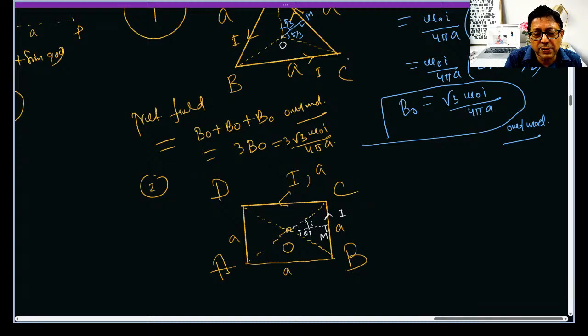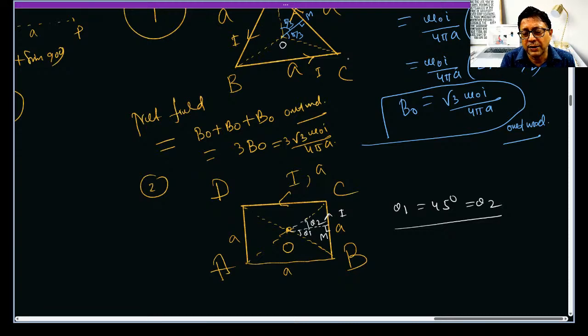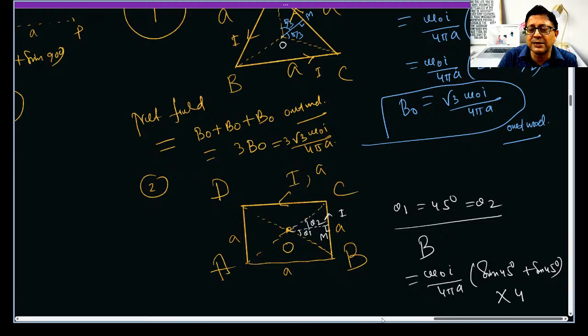This is theta 1, theta 2: theta 1 is 45 degrees, theta 2 also 45 degrees. So B is going to be what? Mu 0 I by 4 pi A, sin 45 plus sin 45, multiplied by 4 sides. So multiply the result by 4.